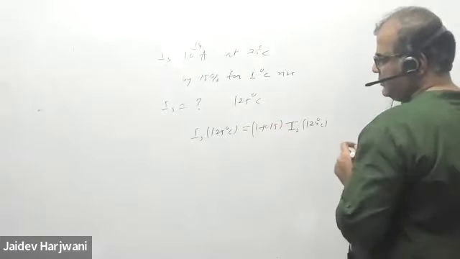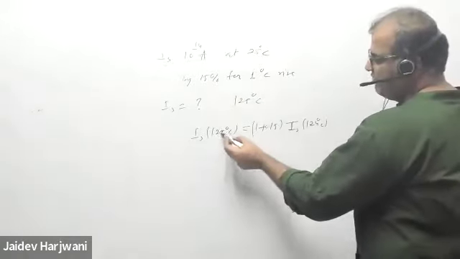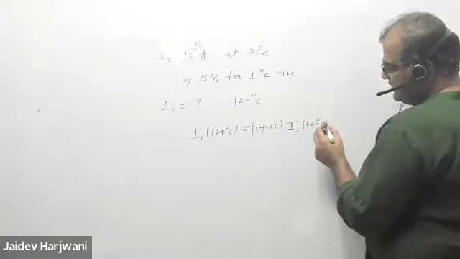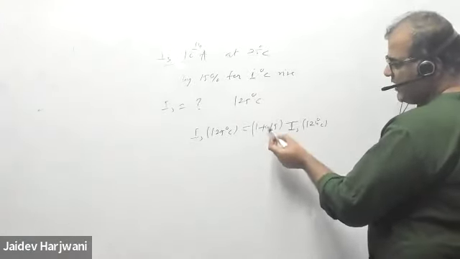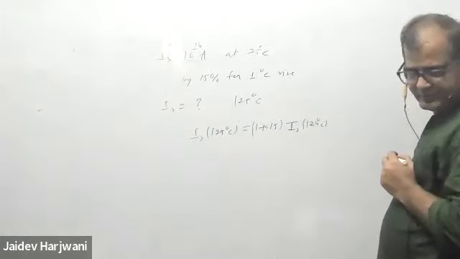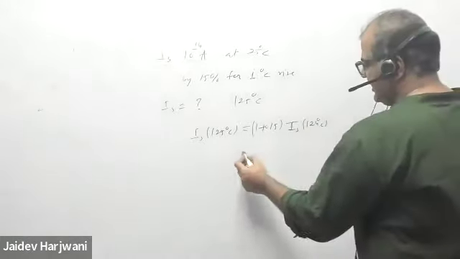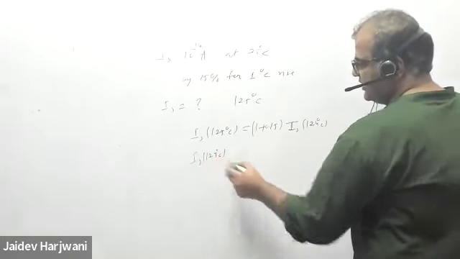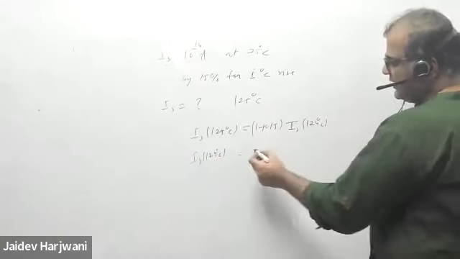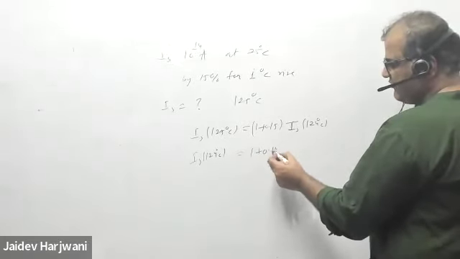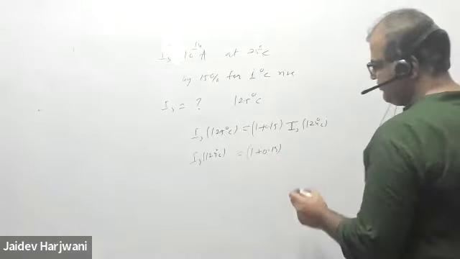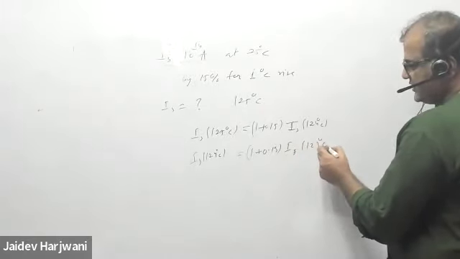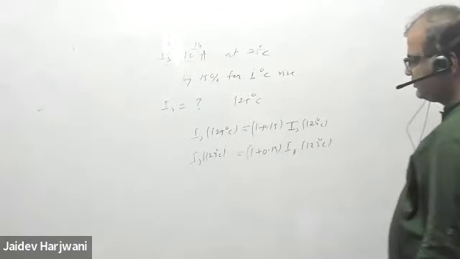IS at 125 is 15% more than I124, that means I124 plus 0.15 of I124. Similarly, if I want to write IS at 124 degrees centigrade, then I can write again the same, 1 plus 0.15 of IS at 123 degrees centigrade. Yes or no?